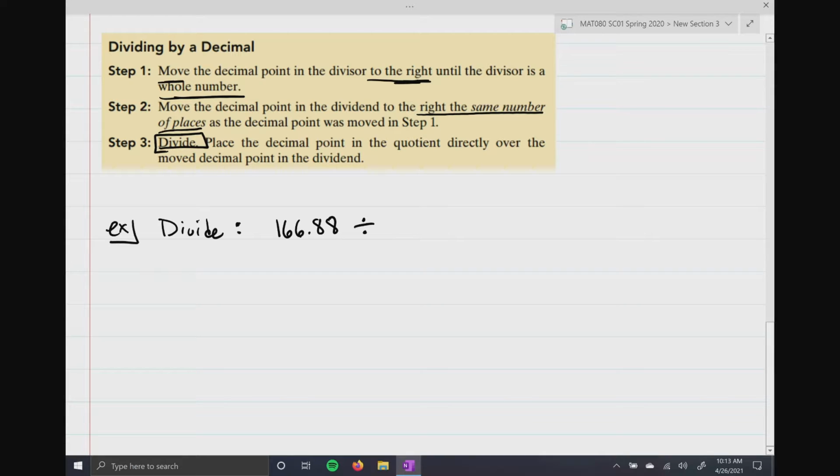In my experience, I have found that students actually have more trouble with just dividing the numbers than they do with the decimal point. So you got to make sure that you take your time and think about every move. So the example: 166.88 divided by 5.6.